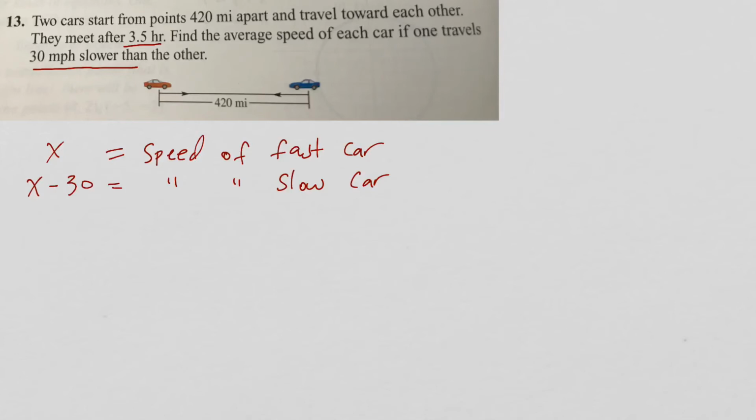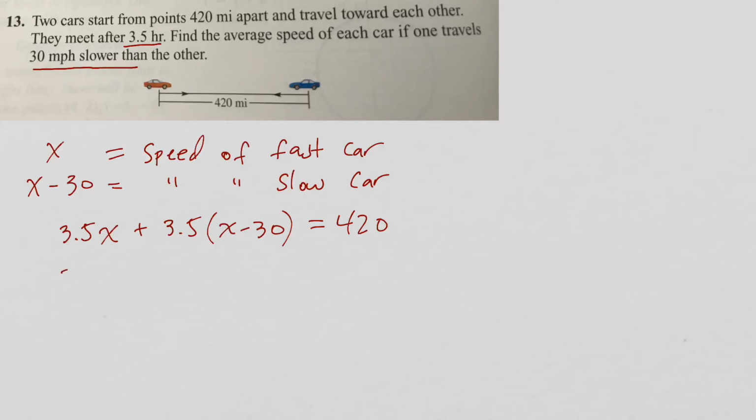Now, if they're both traveling for 3.5 hours, the distance that the first one goes is 3.5 times that. So 3.5x, that's the distance the fast car went, plus 3.5 times x minus 30, that's the distance the slow car went, and we add that up and we get 420 miles.